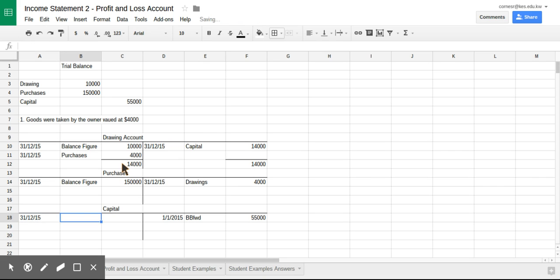We write a summary of the capital account for the year at the bottom. And let's imagine that the business made £15,000 profit. That's actually going to increase the owner's investment in the business, because all the profit belongs to the owner.